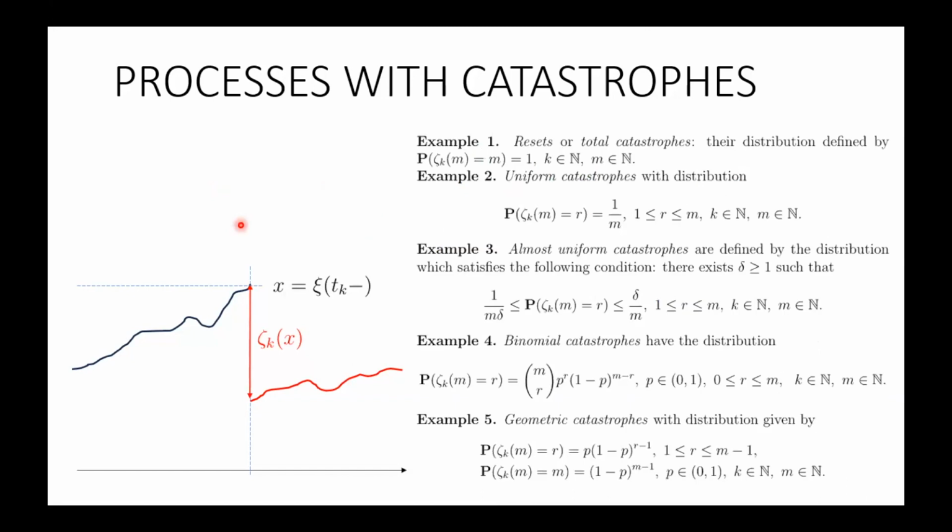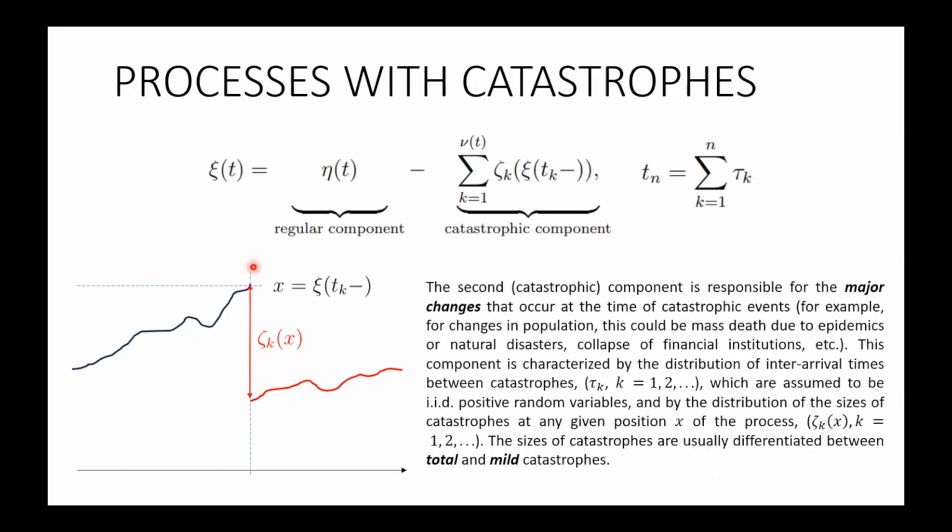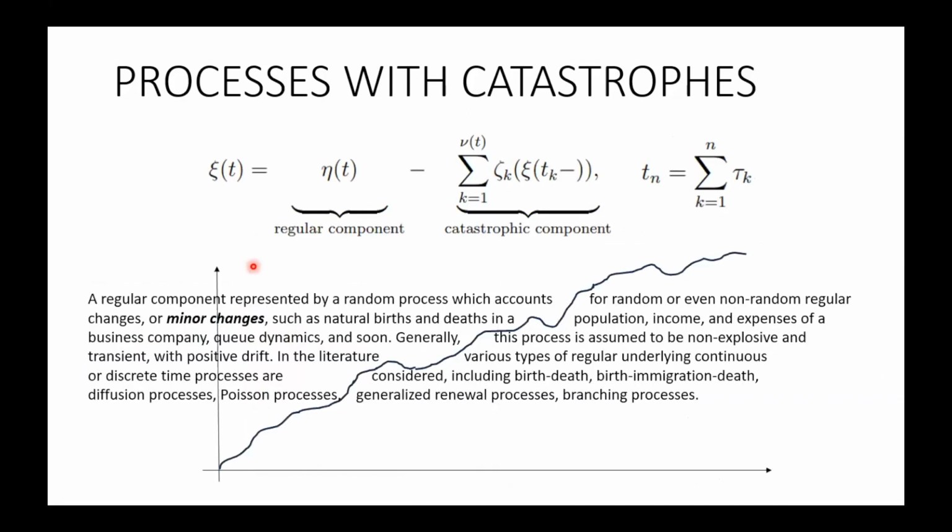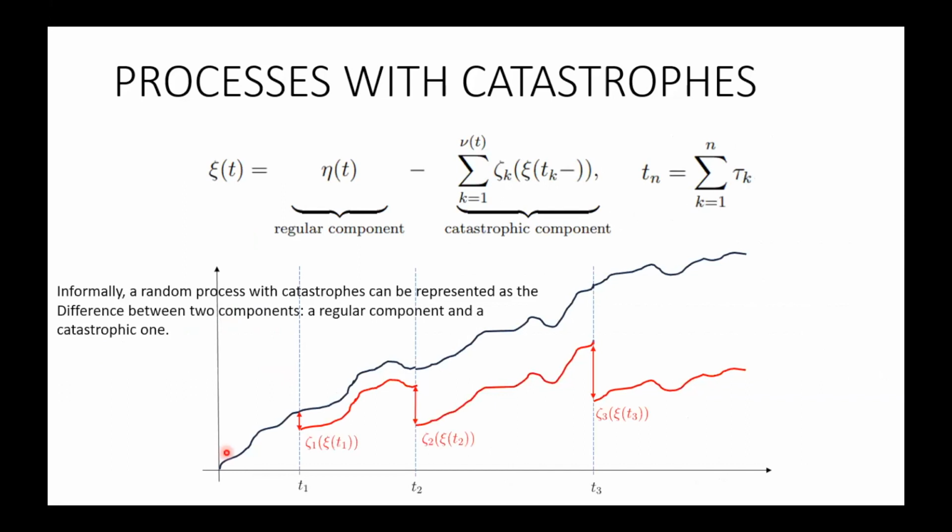Can I ask a question as well? You said M is the size of the population, but you previously said that Xi is modeled by a transient process, right? So it goes to infinity, right? Yes. For example, this process is a regular process of underlying processes that we call. It can be transient processes.